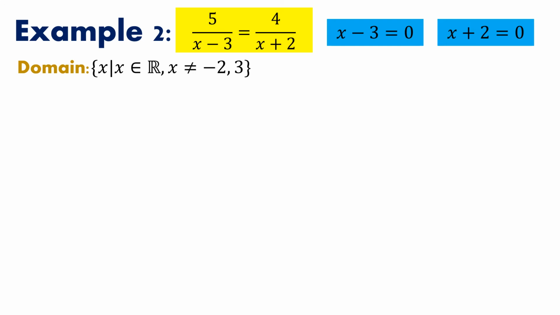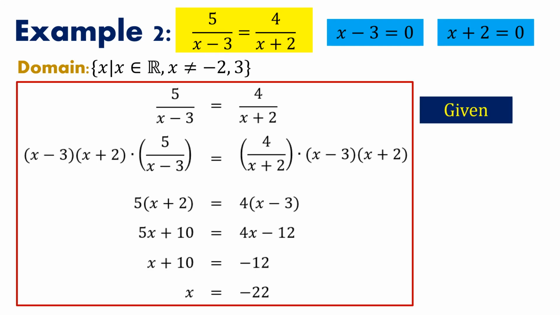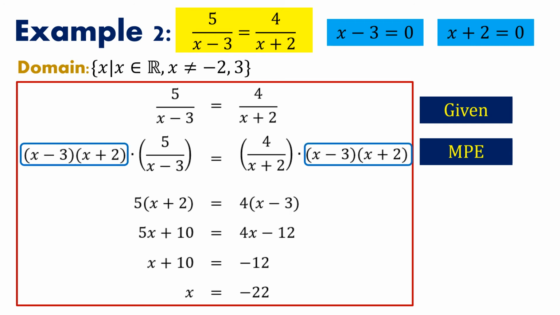Next, we solve the rational equation as follows. Given the equation, we apply the multiplication property of equality. We multiply both sides of the equation by the least common denominator, which is the product of x minus 3 and x plus 2. We simplify both sides of the equation.